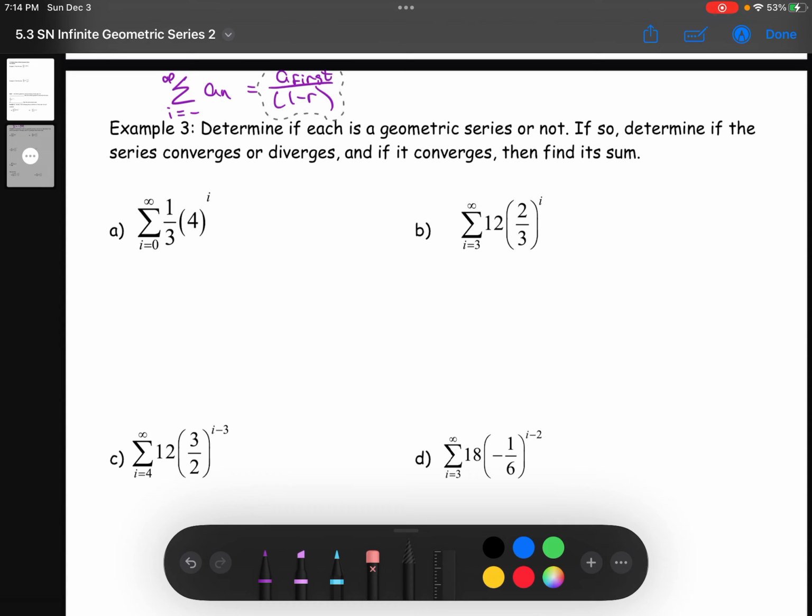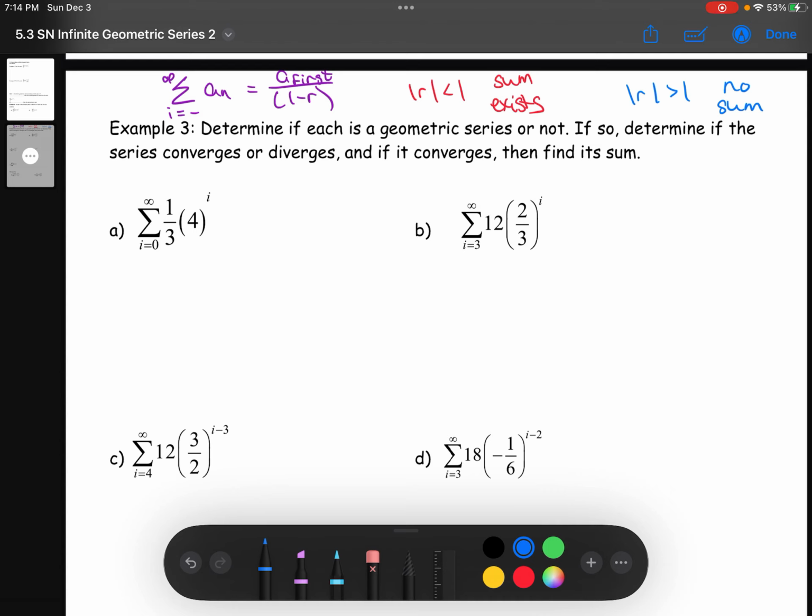A first over 1 minus r is that summation formula. And if the absolute value of r is less than 1, the sum exists. If the absolute value of r is greater than 1, there is no sum on an infinite series.